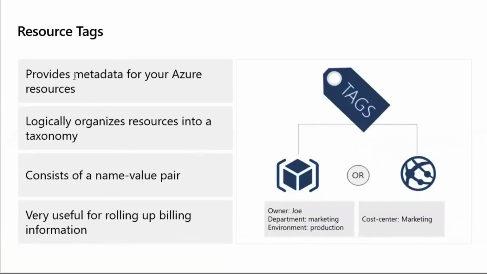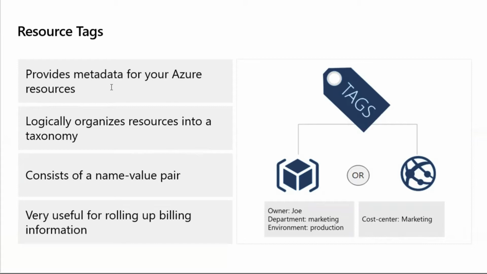Resource tag provides metadata for your Azure resources. Tag means, for example, you create one virtual machine for your marketing department, so you tag it marketing. That means whatever cost is associated with that virtual machine is actually related with your marketing department. Then maybe you have another department, IT. Like a cost center.